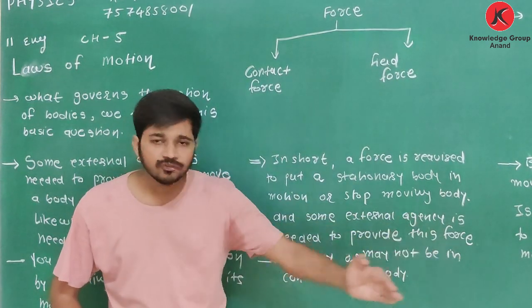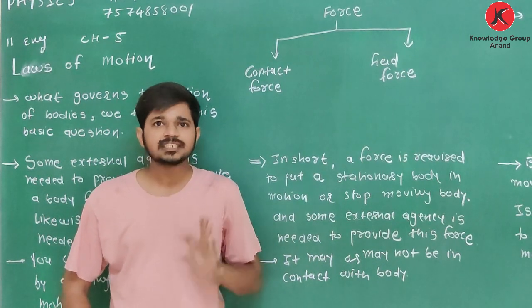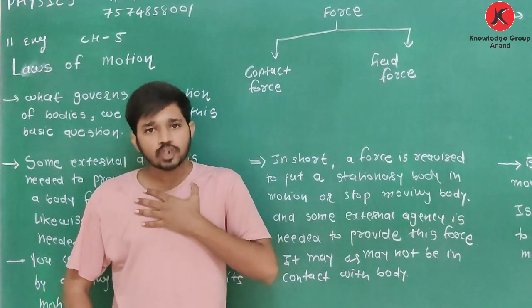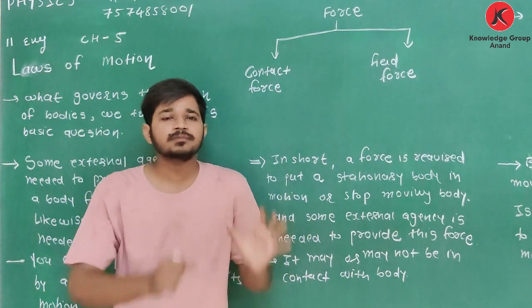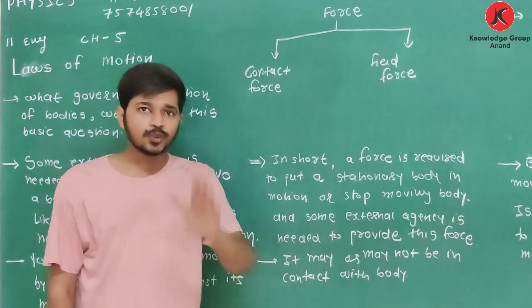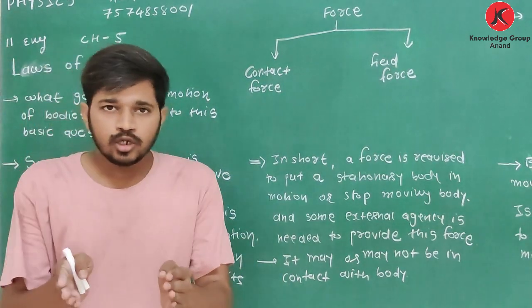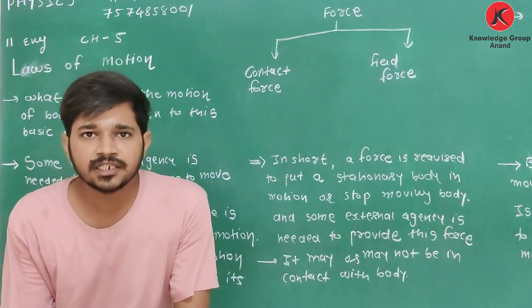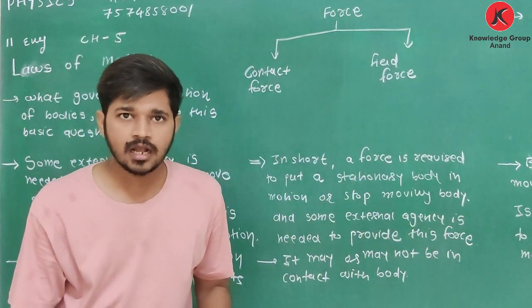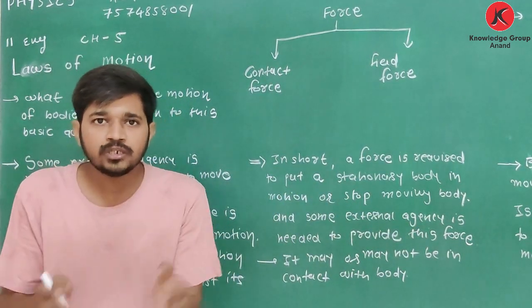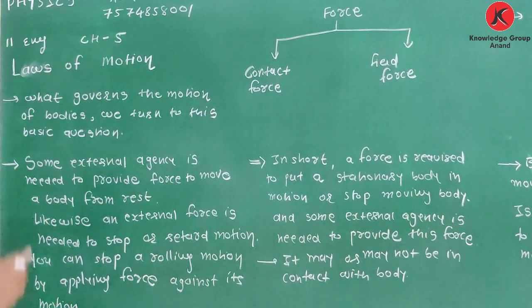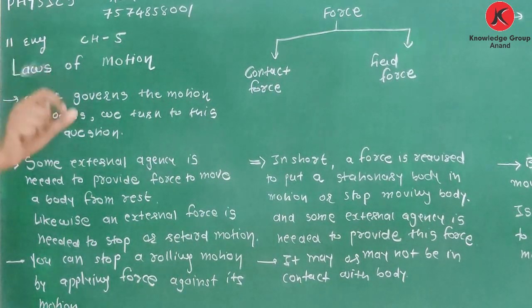Similarly, if something is moving and I want to stop it, then I have to apply some external force. So to bring a body from rest to moving, or from moving to rest, we have to apply some external force.